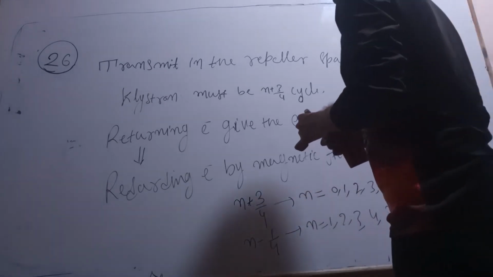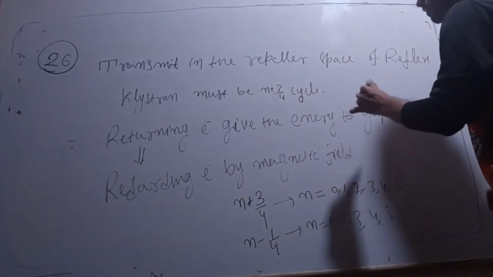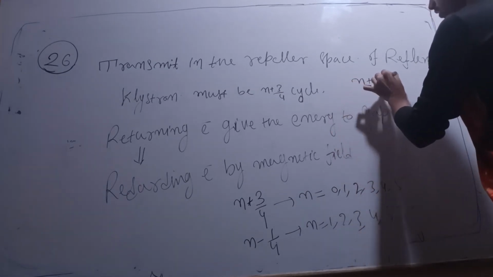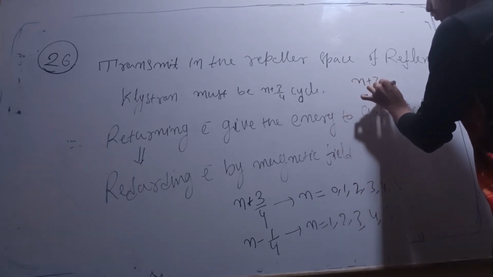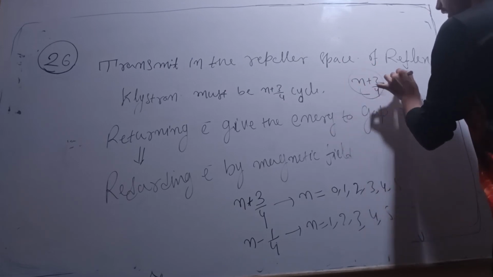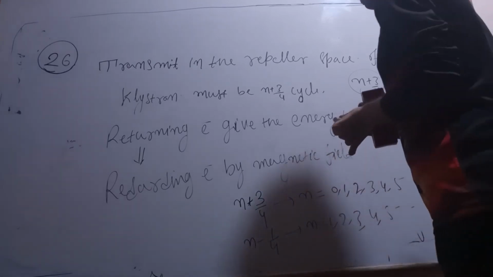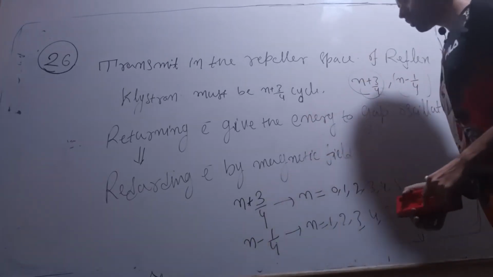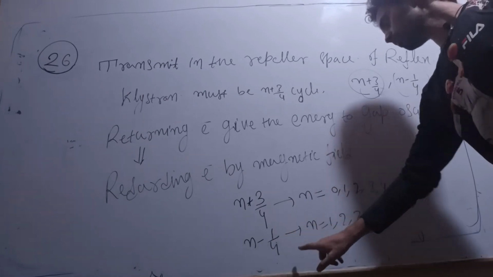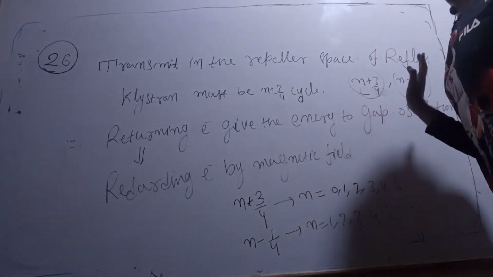Both are possible and have the same value. In the case of n minus 1 by 4, n is equal to 1, 2, 3, 4, and for n plus 3 by 4, n is equal to 0, 1, 2, 3, 4.